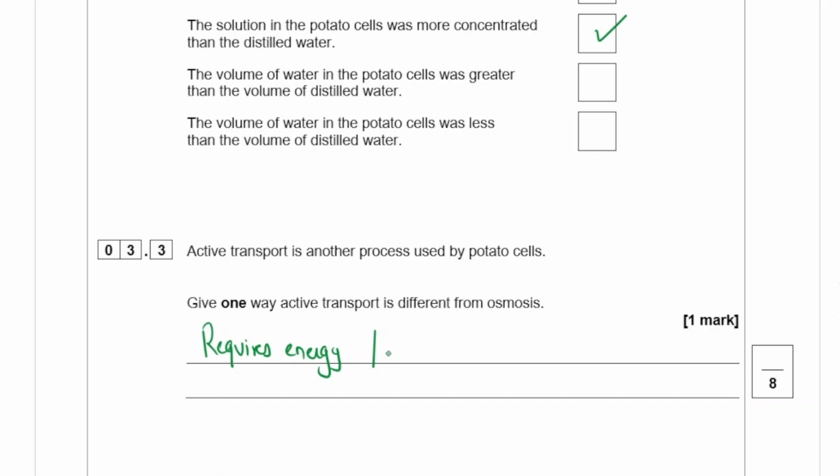You could also say it transports substances against or up a concentration gradient.